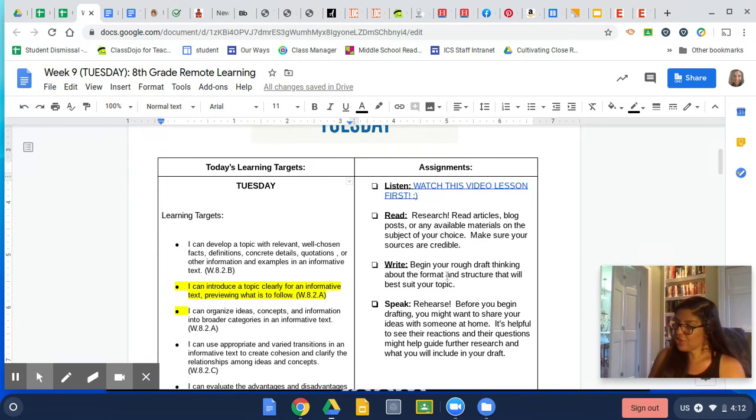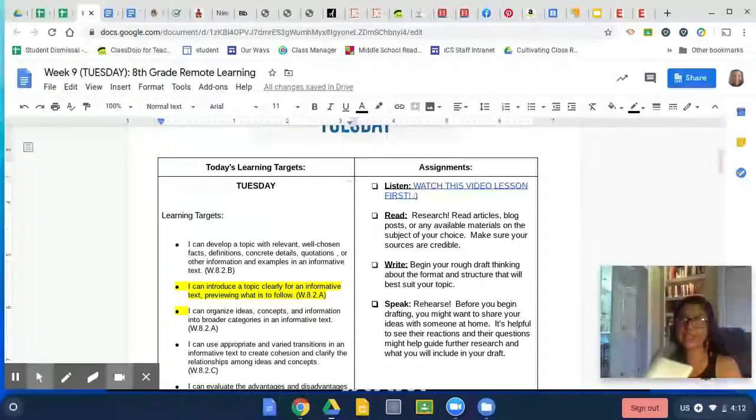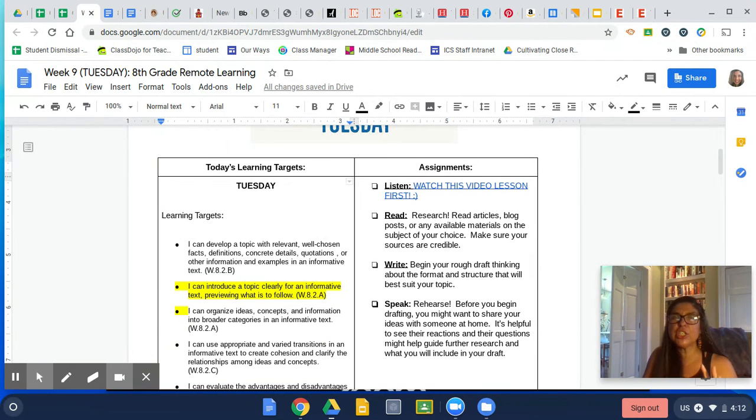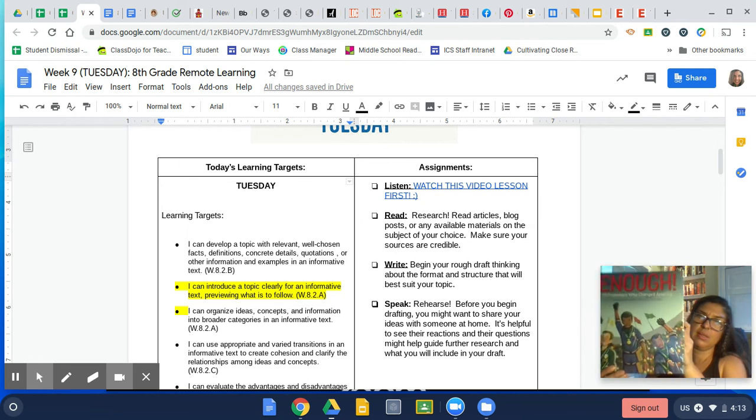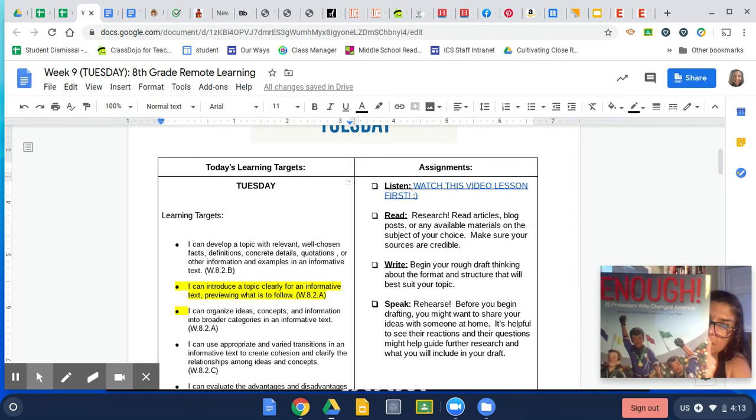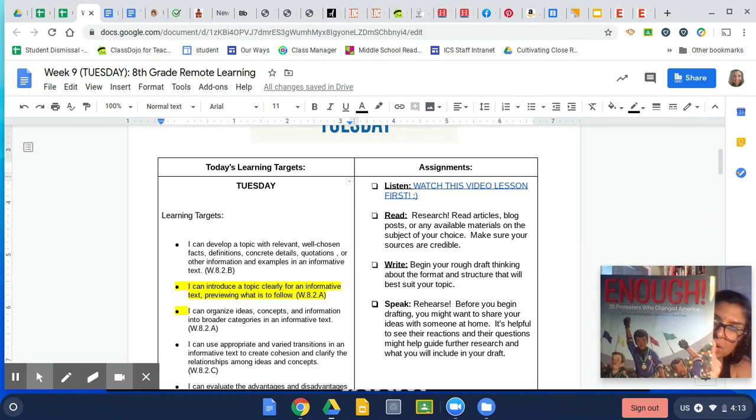So Mrs. Ash decided my format is going to be a picture book, a page from a picture book. Now, the picture book that I am using as a mentor text is this book right here, Enough, by Emily Easton. And I like the structure of it because it introduced, this is 20 protesters who changed America.